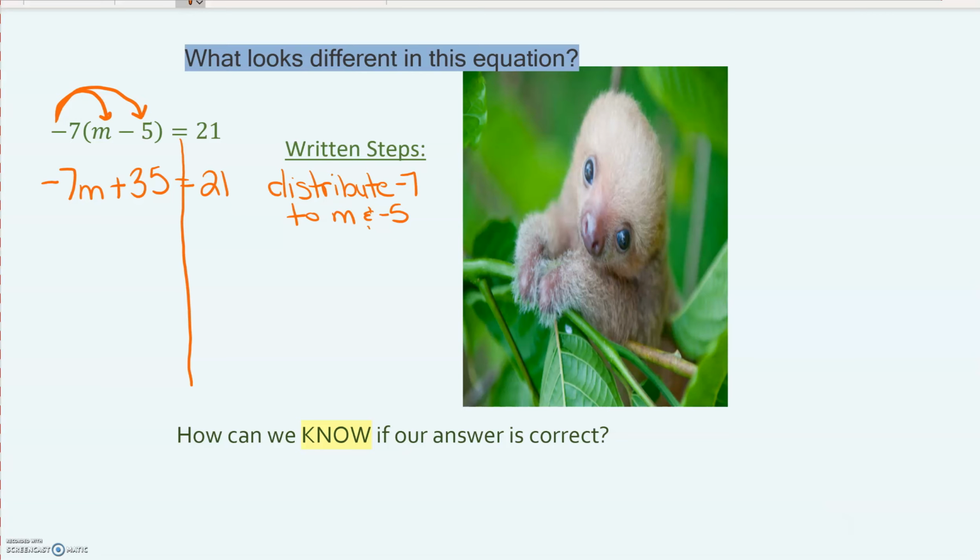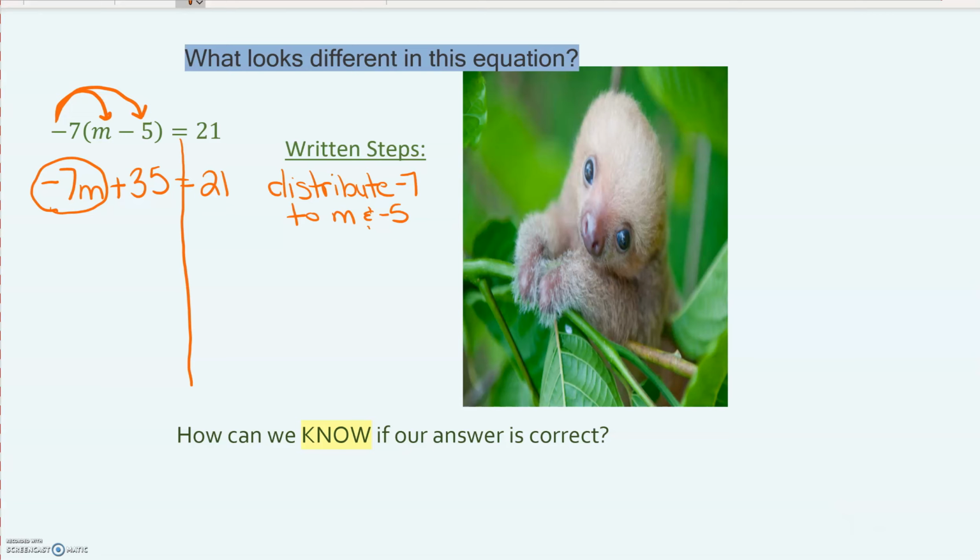So we're going to look at our equation here, and we're going to notice that m is our variable, and it's attached to that -7, but that is just one term. That term is what we refer to as that circle of no touch. You might remember that from a previous video. Because that is the circle of no touch, we're not going to touch that until the very end.